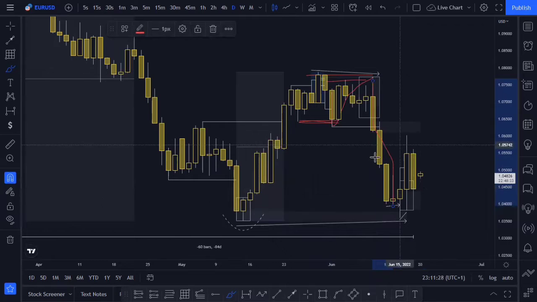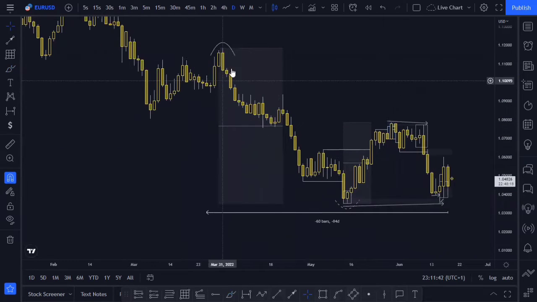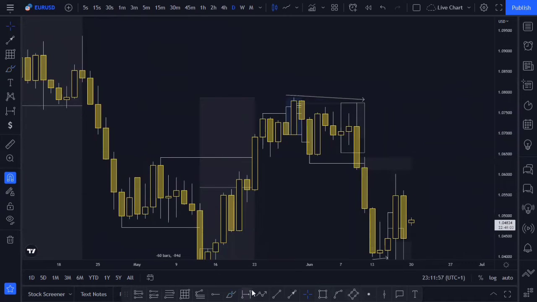So now price is down here, and we don't really know where price is heading next. If you look at structure from this side of the chart, the only trend we have that is confirmed is bearish. The structure and everything is bearish. And now we have order flow aligning with the bearish structure, because we had the break of the low, and price pulled back and then continued the bearish order flow.